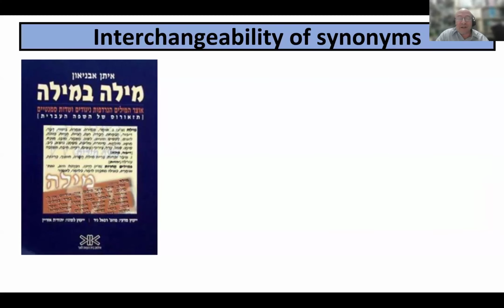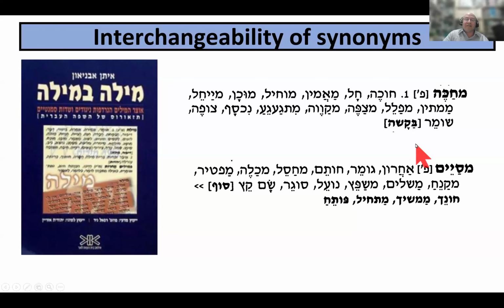Okay, so let's start with the first: interchangeability of synonyms. Here I start with mila b'mila, the thesaurus we all know of the Hebrew language. The entries in the thesaurus are provided without any annotation. As an example, up on top, we have the word mechakeh, and it gives us chocheh, chal, ma'amin, and so on. And then we have the word misayem, to finish, where we have things like achron, gomer, and so on.